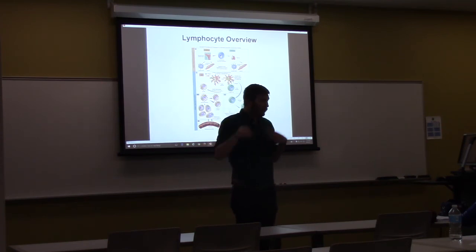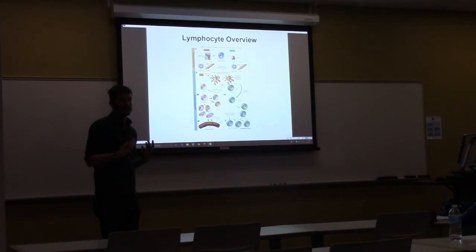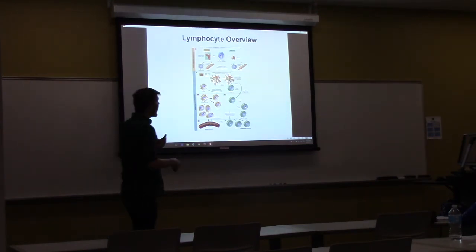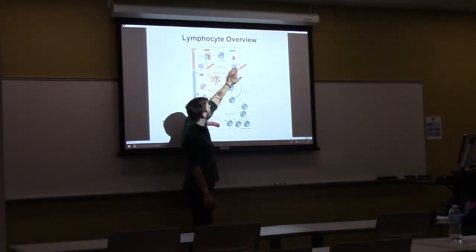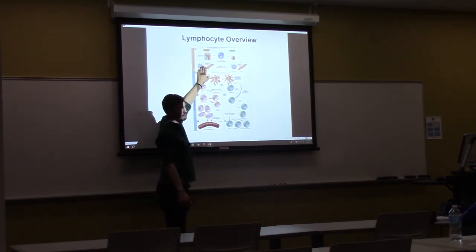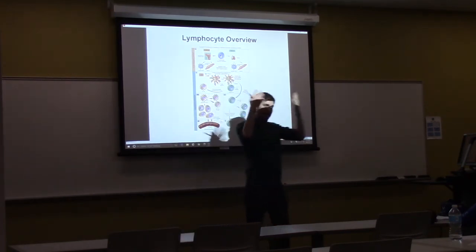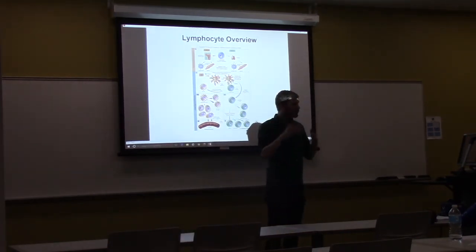We want to get rid of the ones that respond to our own antigens, otherwise they will kill us, okay? So to do that, you go through maturation. T cells go to the thymus, B cells stay in the bone marrow. During maturation, you show all of your antigens to these cells, they respond, you kill them. So what you're left with are just B and T cells that respond to everything else. Okay? Can I make it a little clearer?